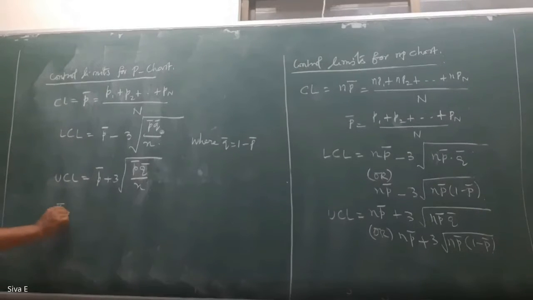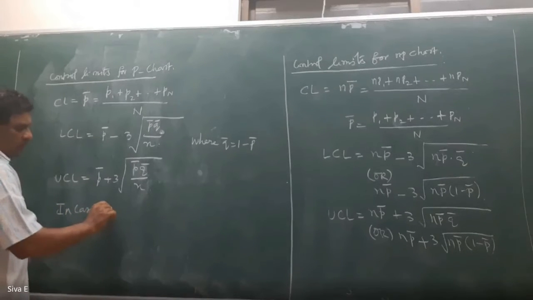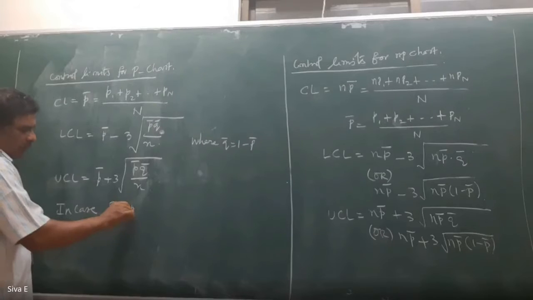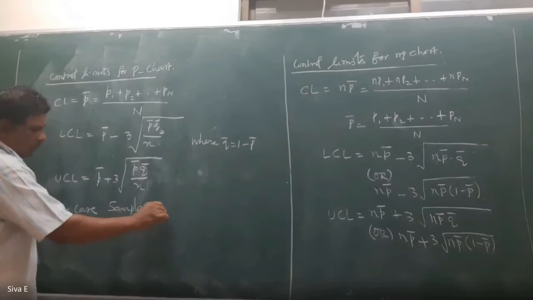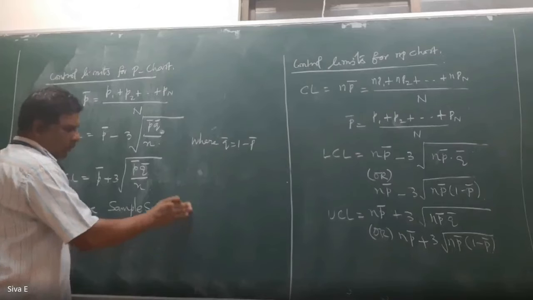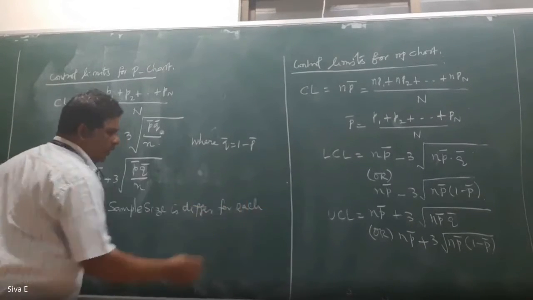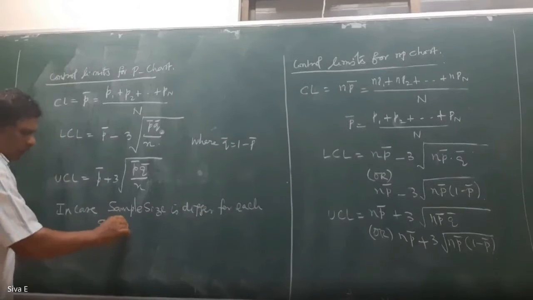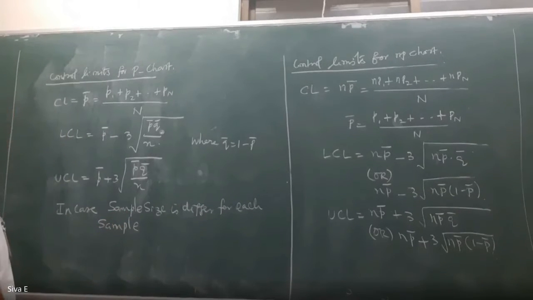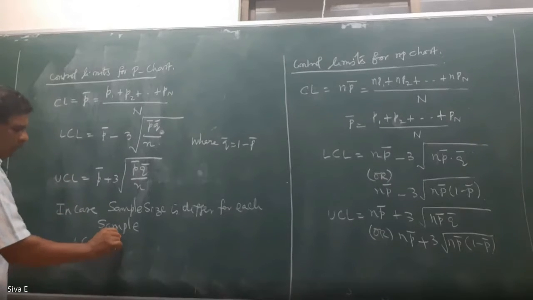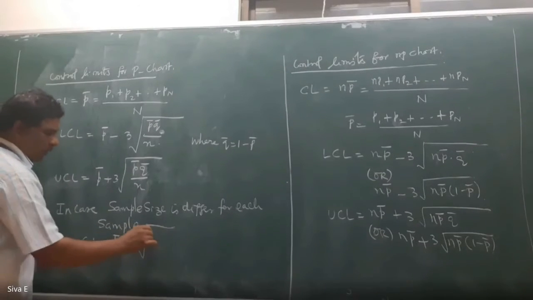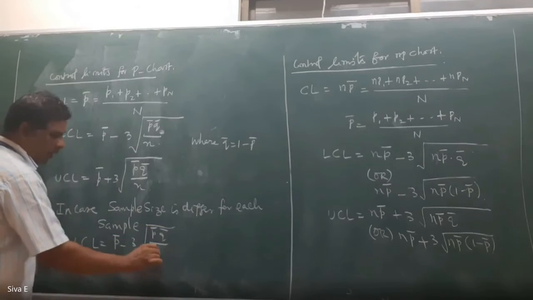In case sample sizes differ for each sample, then LCL and UCL will differ. LCL is P bar minus 3 into square root of P bar Q bar by N bar.